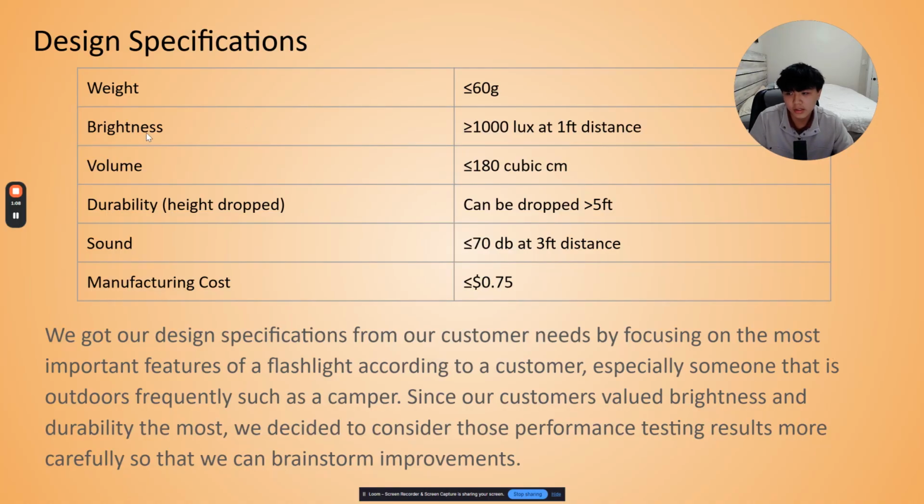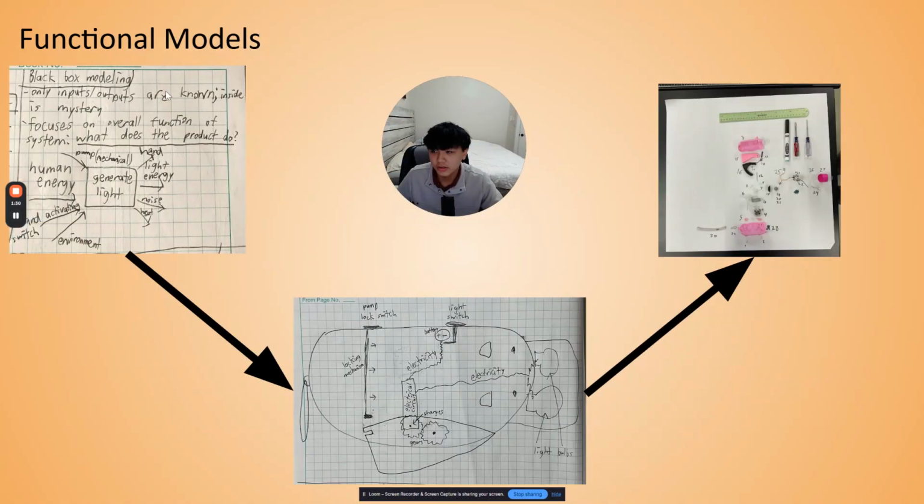For example, our customer wanted our flashlight to be bright, so we set the specification to at least 1,000 lux at a 1 foot distance. For durability, we measured it by drop height, and our flashlight needed to be dropped more than 5 feet and survive.